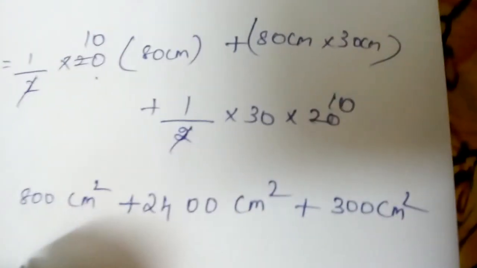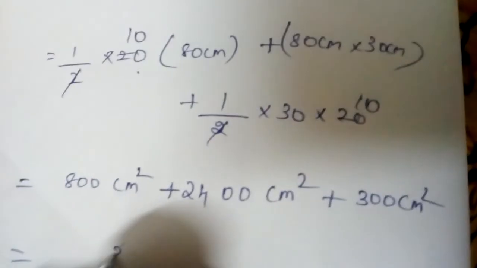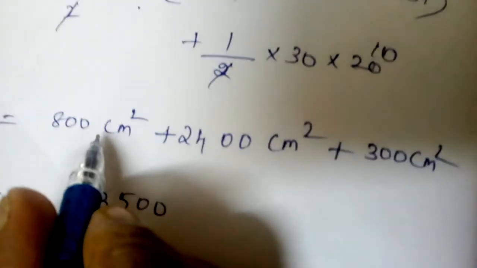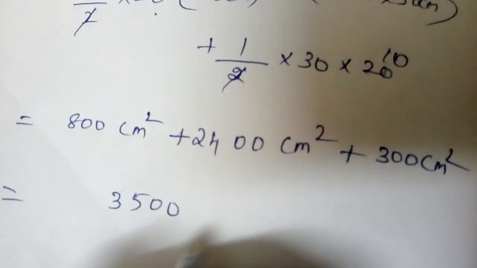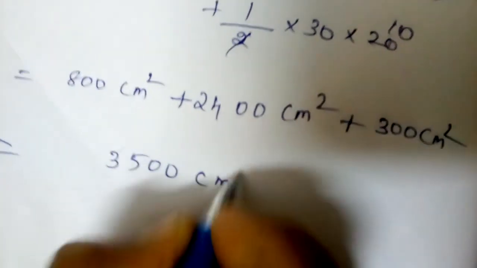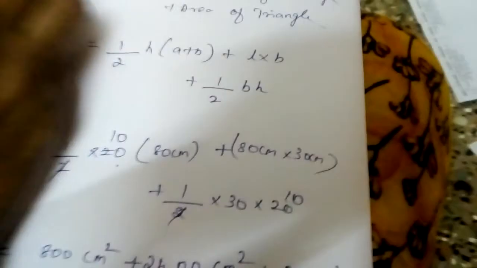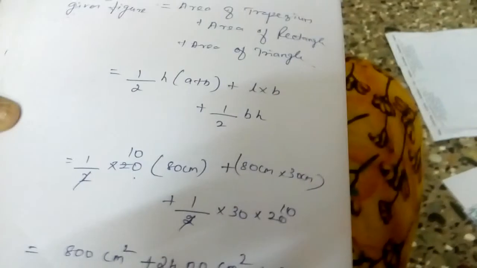Now if you add all these values, 800 plus 2400 is 3200, plus 300, so 3500 centimeter square. This is the value of the given figure. So for the whole racket, we found out the area. It's clear? It comes to 3500 centimeter square.